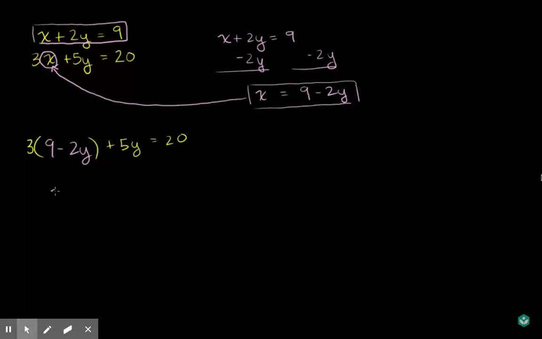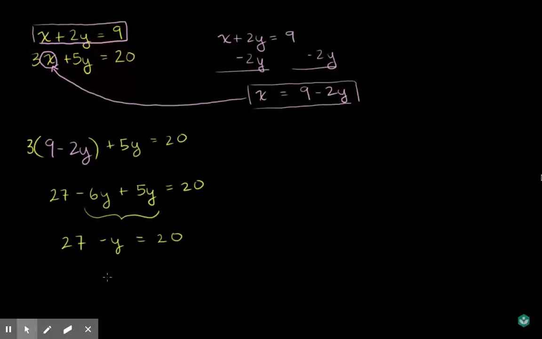3 times 9 is 27. 3 times negative 2 is negative 6y, plus 5y is equal to 20. Add the negative 6y and the 5y, those two terms. You have 27 minus y is equal to 20. Let's subtract 27 from both sides.